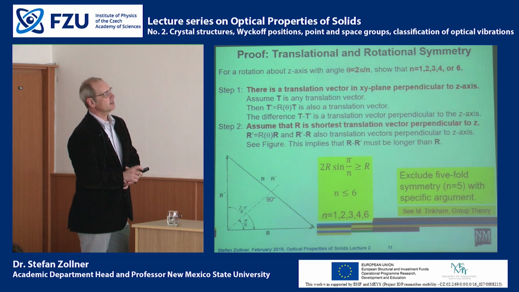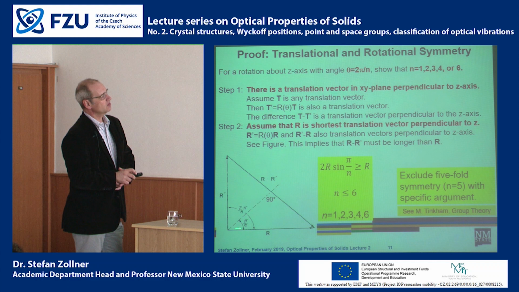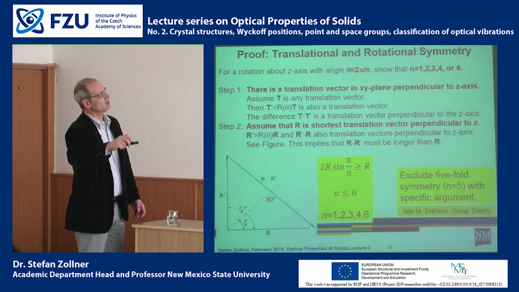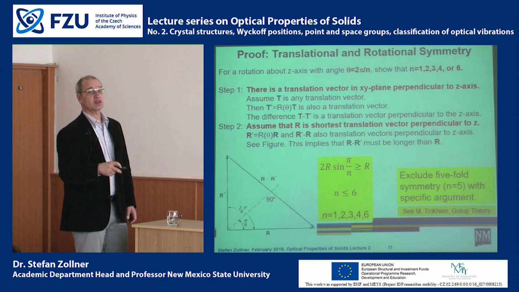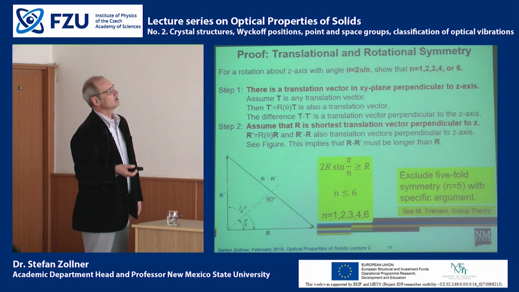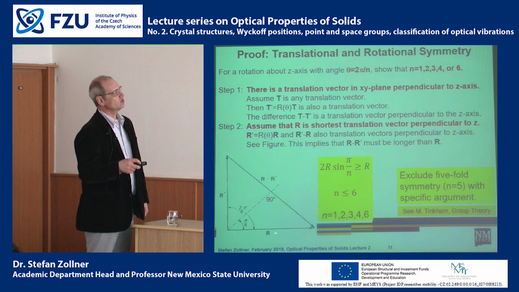In the second step, the rotational axis comes in and out of the plane. So now we have a translation vector which is perpendicular to that axis, so it is in the plane, and there are obviously many of these translation vectors. Let's assume that R is the shortest of these.